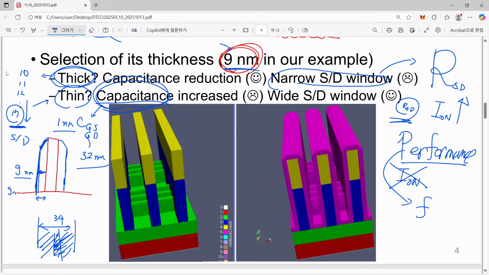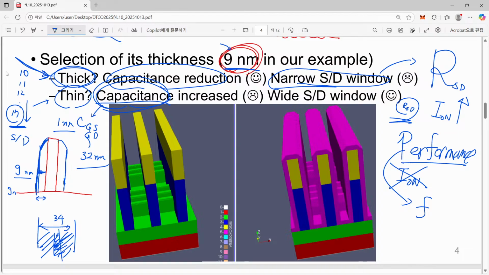So then is this one the right direction? I don't know, because reducing capacitance is also good, but there is also the trade-off of increasing resistance. So in reality, the optimal point does exist in between.